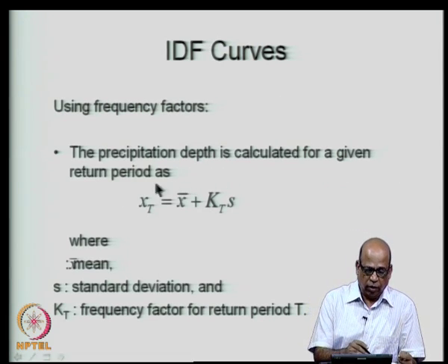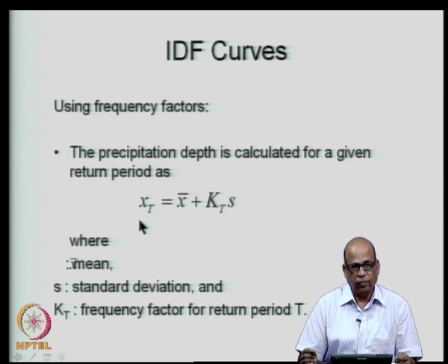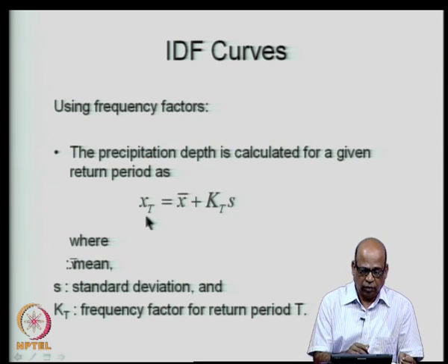For a given return period, the frequency analysis relationship is Xt equal to x bar plus Kt into s, where Kt is the frequency factor, available for various distributions for a given return period t, s is the standard deviation, and x bar is the mean.